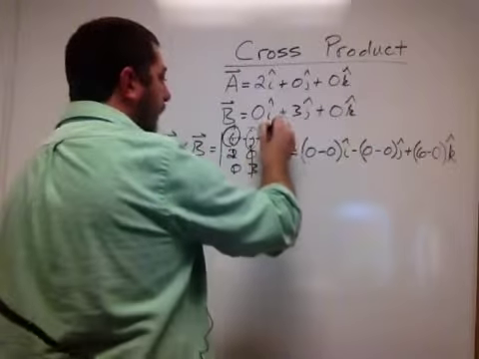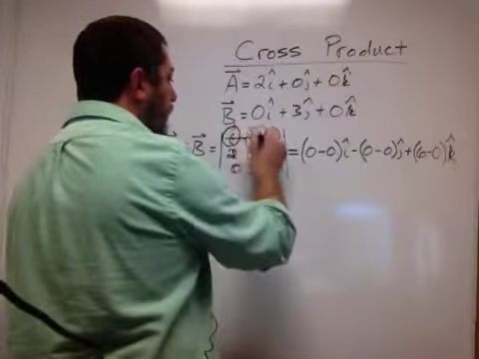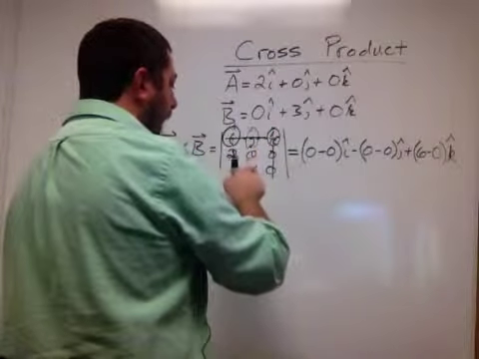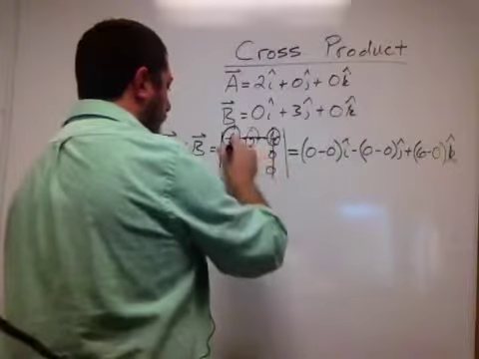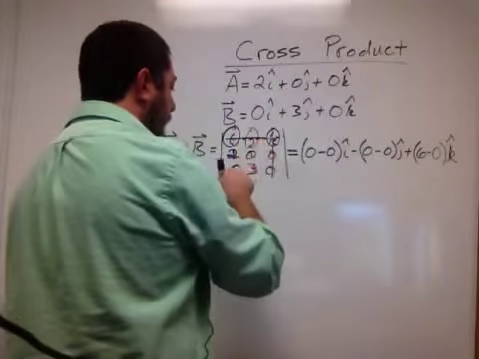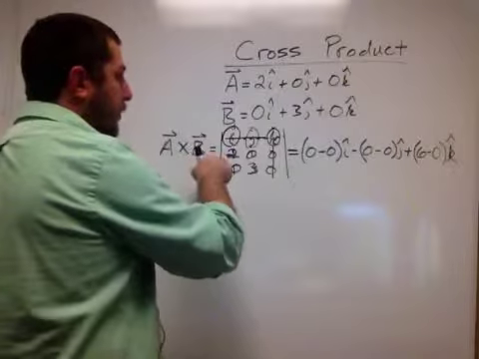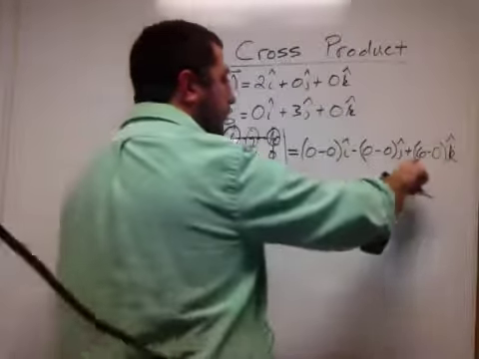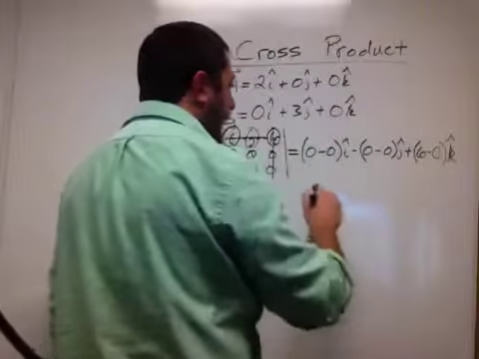And then if I look at k, I'm going to ignore i and j and this 0 and 0, and I'm going to look at 2, 0, 0, 3. So 2 times 3 is 6, minus 0 times 0 is 0, so I get 6 minus 0 in the k direction.